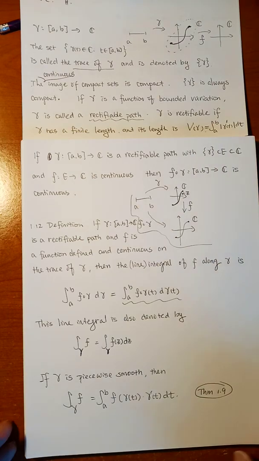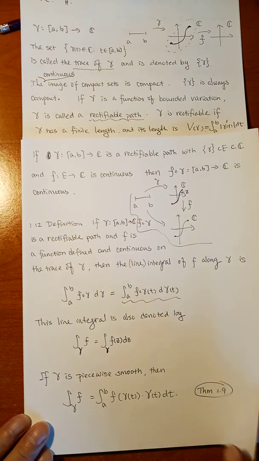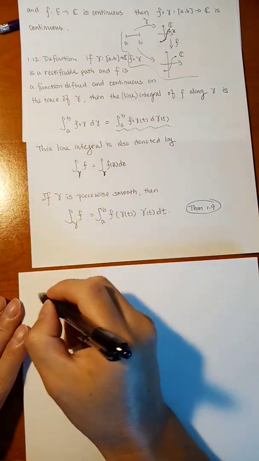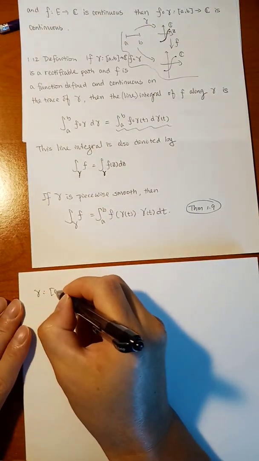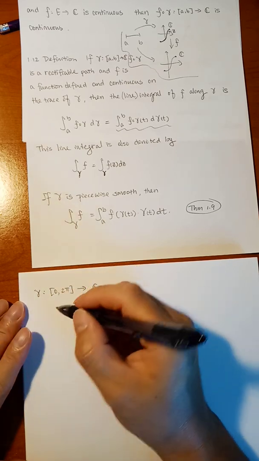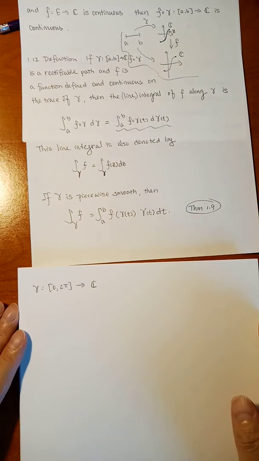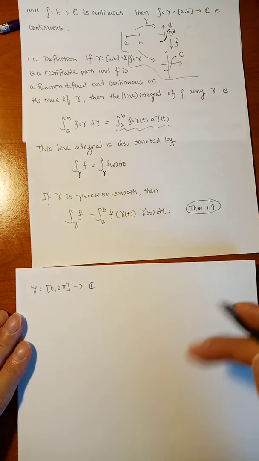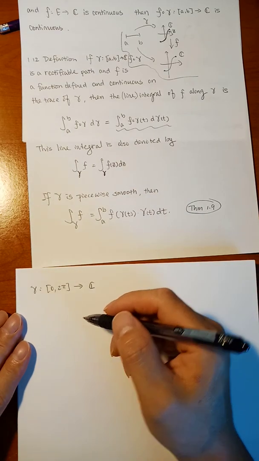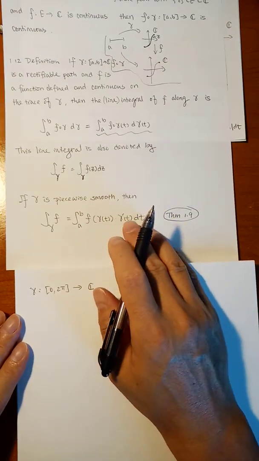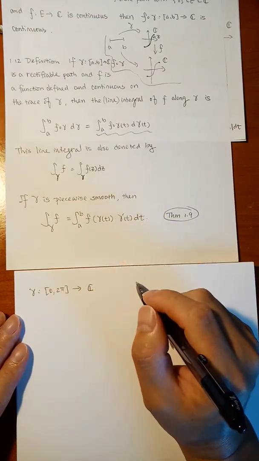All right. So for example, let's see a simple example. Gamma: the closed interval AB is 0 to pi. Whenever you see 0 to pi, you will imagine the trigonometric functions. And in complex analysis, trigonometric functions also relate to the exponential function.